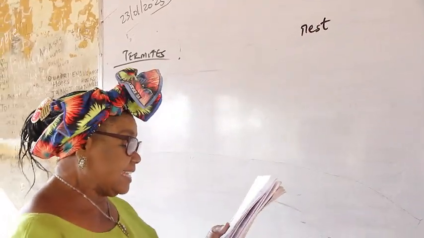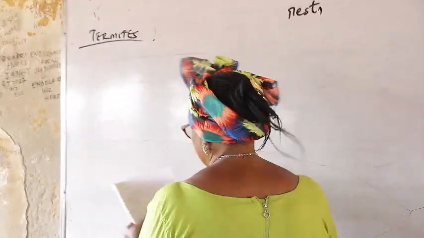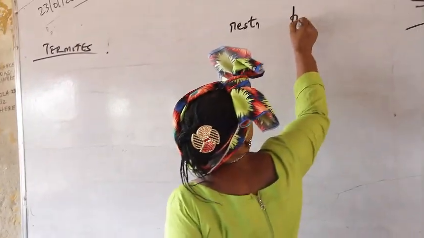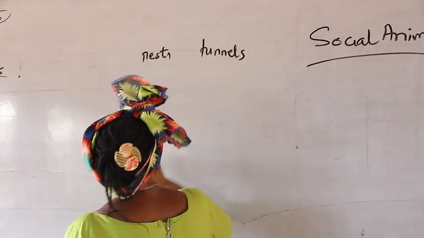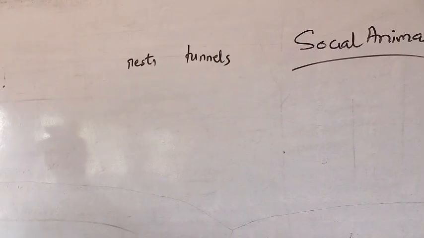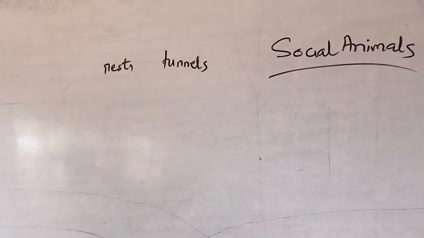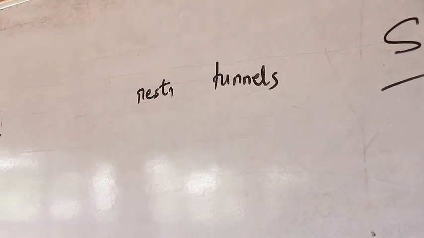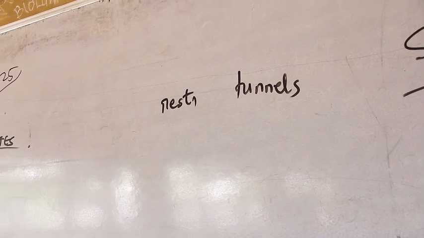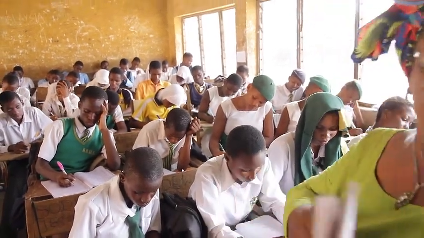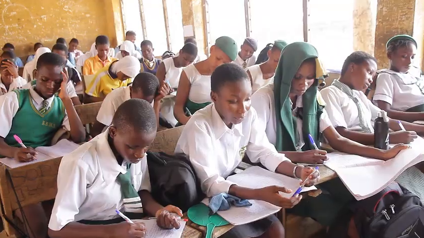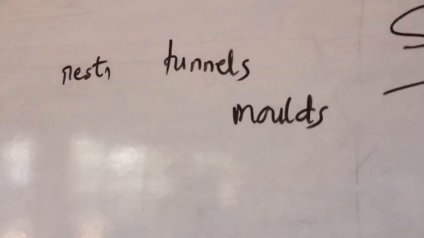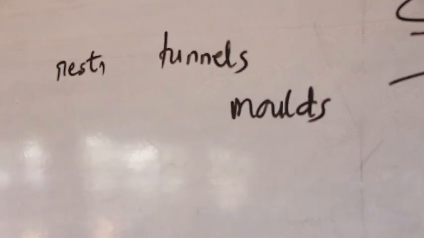They live in nests, underground tunnels, which may be dead wood, and above the ground in molds.